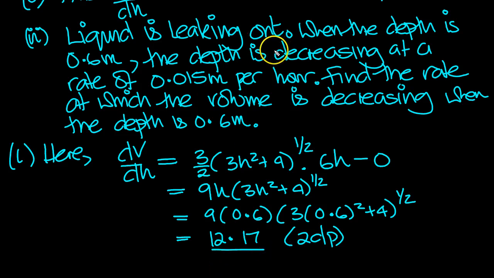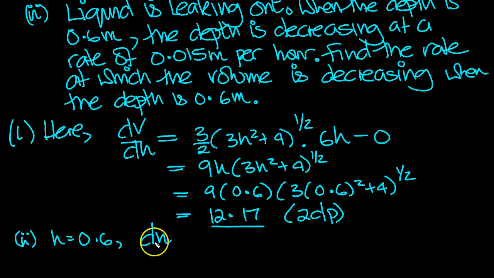Now liquid is leaking out when the depth is 0.6, so part 2 then. We're told that h is equal to 0.6 meters. The depth is decreasing at a rate, so dh/dt is equal to, decreasing is a minus 0.015.